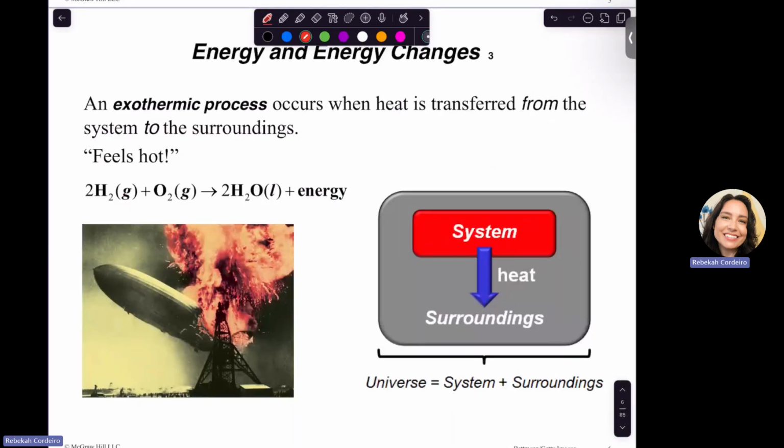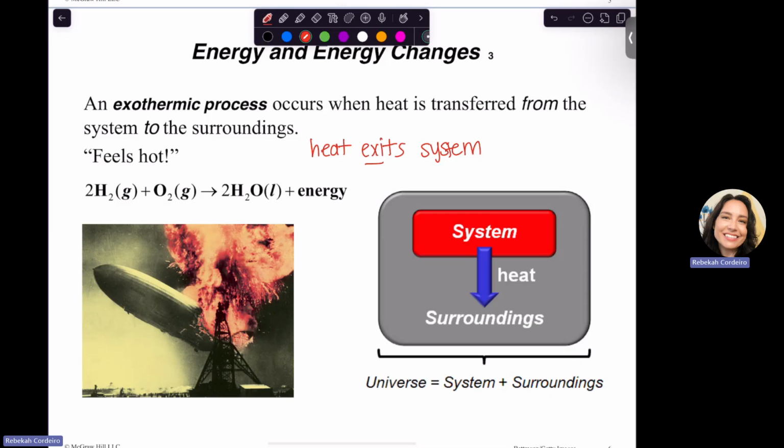When we lose heat from our system, we call that exothermic. So think about heat exiting the system. Heat exits the system. It goes to the surroundings. If you were to put your hand on something exothermic, like a test tube, it would feel hot to you because the heat would leave the system and go into you.